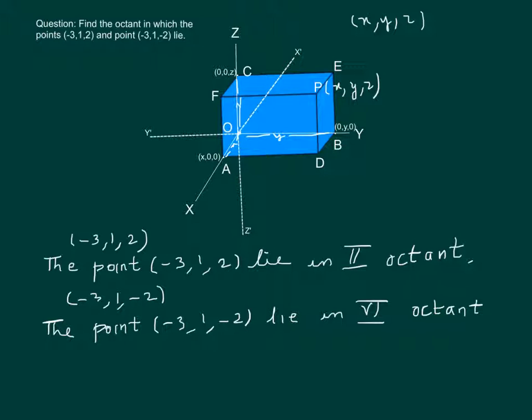Recall, in three-dimensional geometry we have a total of 8 octants, and the octant just below the second octant is the 6th octant.